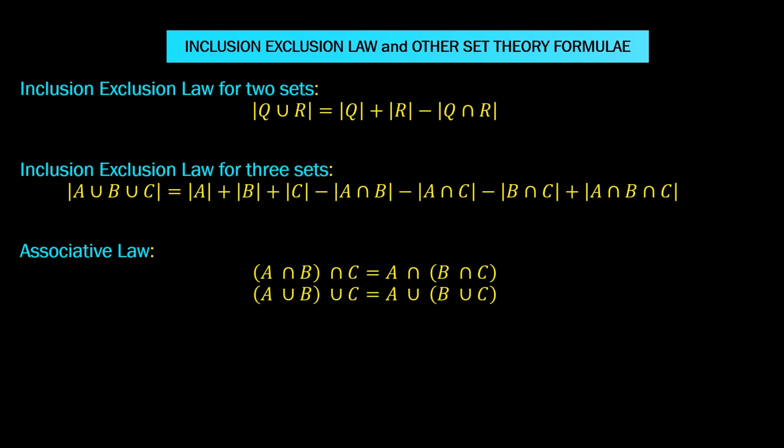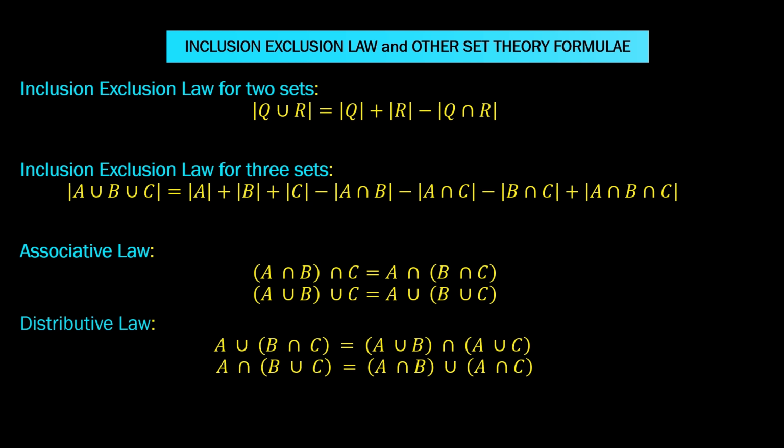So order of operations is not important for intersection when we're intersecting throughout, or unioning when we're unioning throughout. We also have these distributive laws: A union (B intersect C) equals (A union B) intersect (A union C), and similarly in the line below.